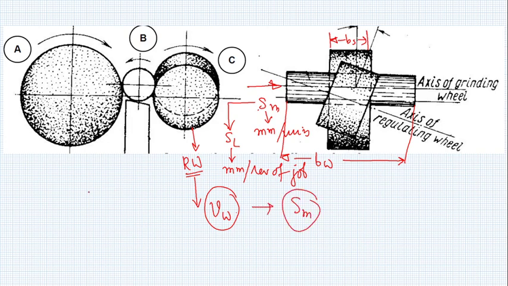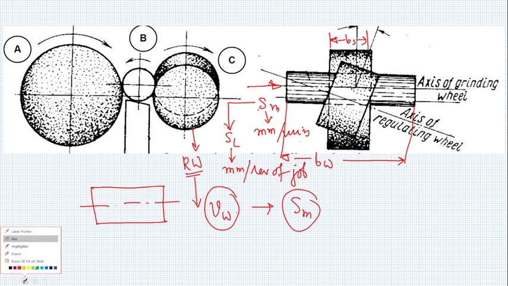So if this is your job, this has to give you VW and it has to be fed in this direction SM. My drawing is poor, I can't help it.